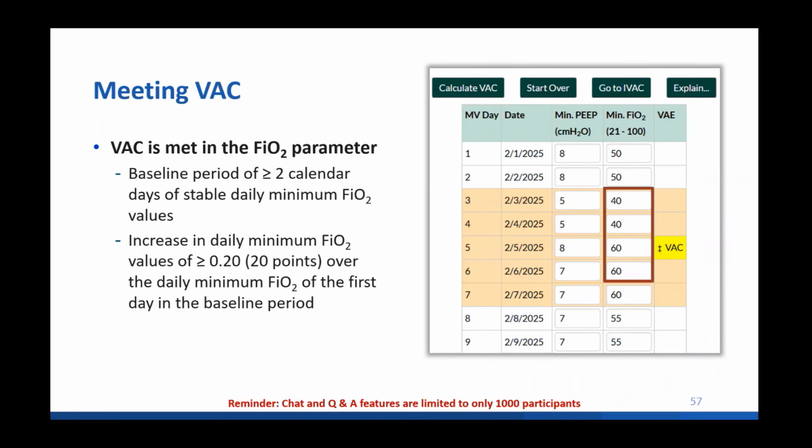All right, expanding on the example from the previous slide, you can see that VAC is met in the FiO2 parameter because there was a baseline period of stability in the FiO2 parameter, followed by an increase in the daily minimum FiO2 of 20 points over the daily minimum FiO2 of the first day in the baseline period.